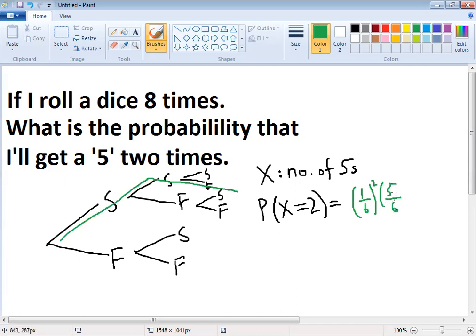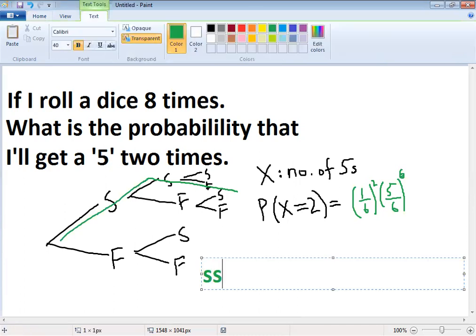और ये मेरे पास कितने different arrangements में this event can happen? मैं बात कर रहा हूँ 2 successes और 6 failures की.